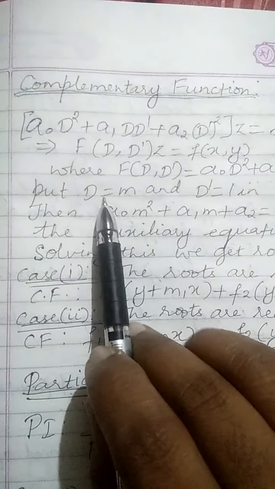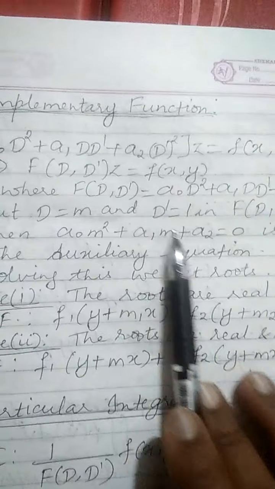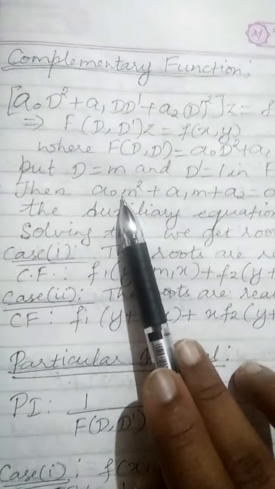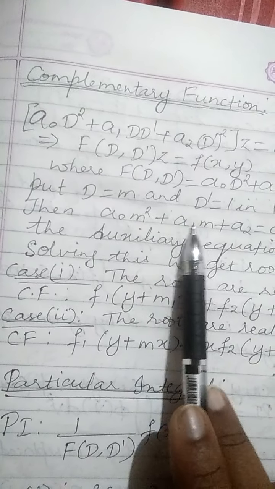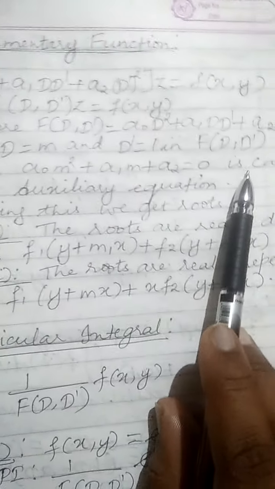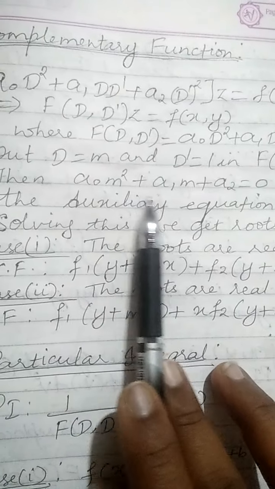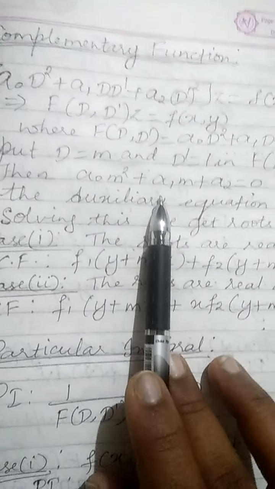To write the auxiliary equation, put D equal to m and D' equal to 1 in f(D, D'). Then the auxiliary equation becomes a0 m² + a1 m + a2 = 0. When it is solved, the possibilities are real and distinct roots, or real and repeated roots.